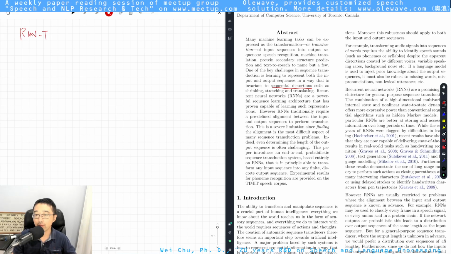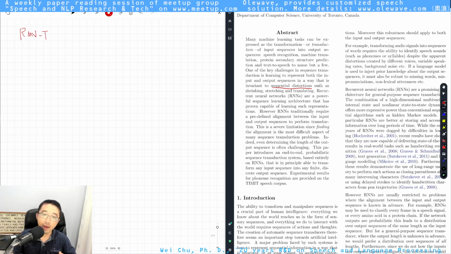And also determining the length of the output. In terms of decoding or inference, RNN leverages an autoregressive decoder. So when should I stop decoding? Because the autoregressive process can keep going, right? So determining the length is also challenging.